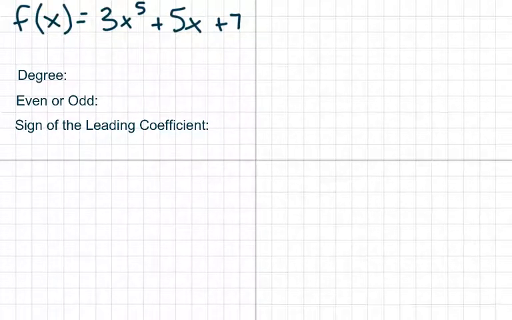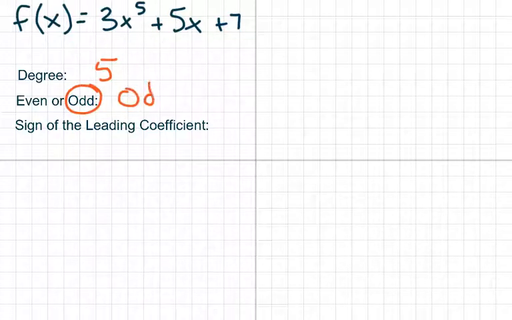Okay, let's go ahead and go to the next example. Here, what is my degree? This one is in standard form. It's a little bit easier to see. So my degree is 5. That is an odd number. And the sign of my leading coefficient is 3, so that is positive. Now because it's odd, that's going to give me a cubic curve. I know that my y-intercept is going to be at 7.